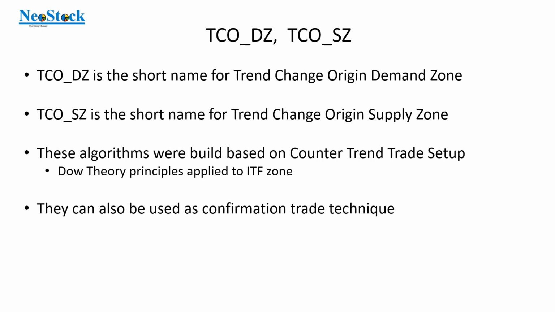The trend change related, we have so far 4 different types. We have a TCP, we have a possible LT of TCP, we have TCO, the next one again TCZ. They are all based on trend changes. All trend changes also can be used as confirmation trade techniques.